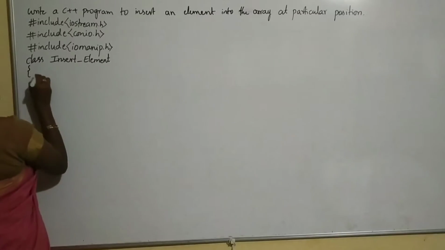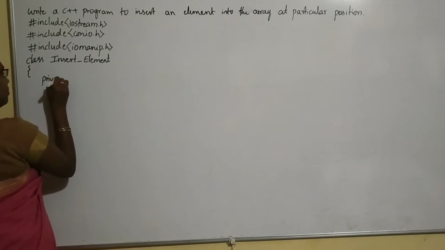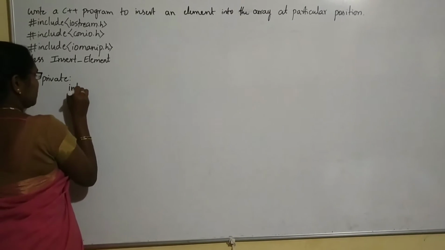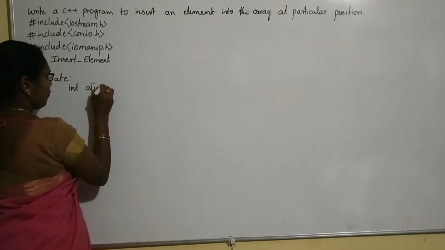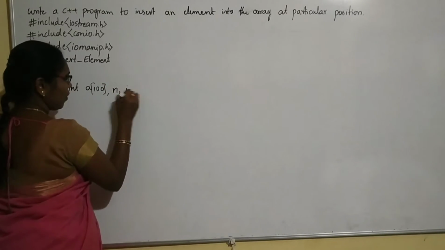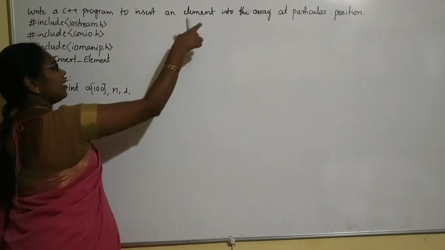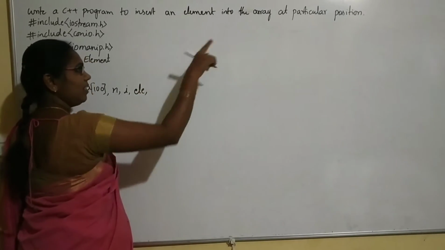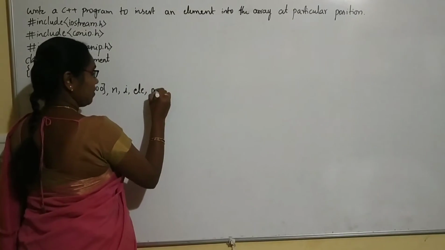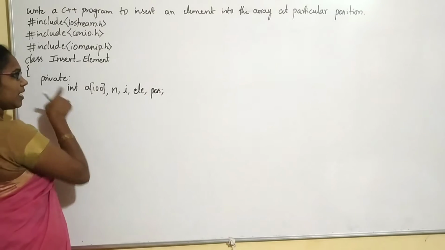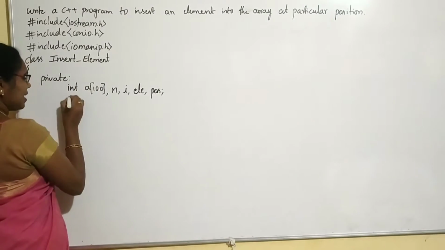Now in the class, we declare the data members: an int array of size 100, n for the number of elements, a loop variable I, the element e that we are inserting, and the position POS. These are all the variables we declare under the insert element class.